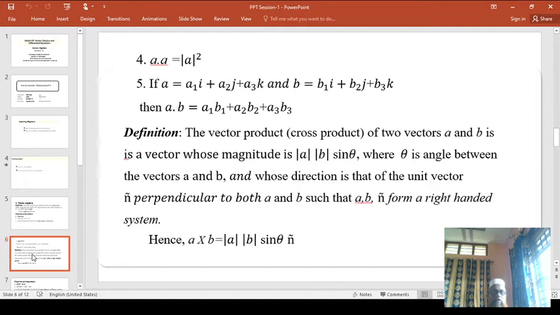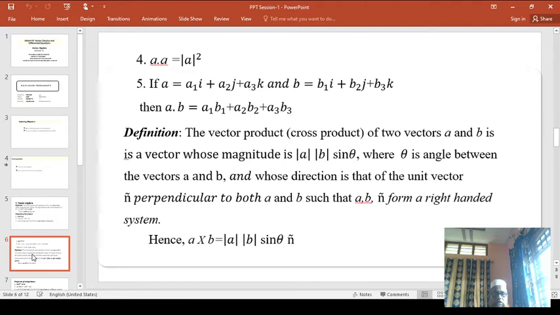That is the sum of the product of coefficients of i, j, k. Here the coefficient of i is a1, here b1, so a1 b1 plus a2 b2 plus a3 b3. So this is called scalar product or dot product.